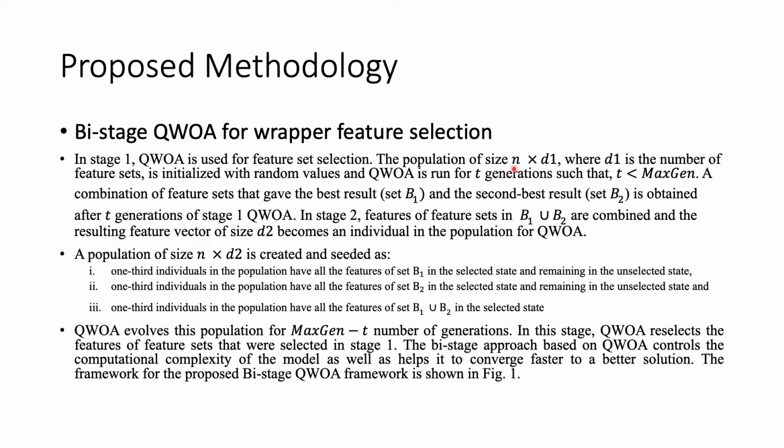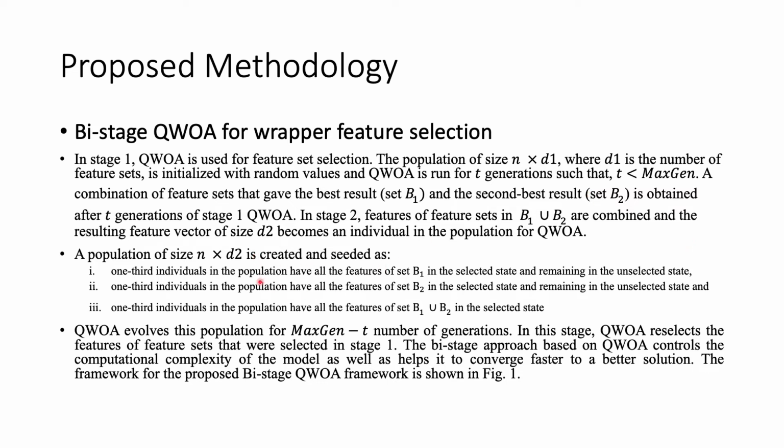A population of size n cross d1, where n is 20 and d1 is the number of feature sets, that is 19, is considered. We evolve it for t generations, where t is less than the maximum generations considered. After t generations, we obtain the feature sets that gave us the best and the second best results, and we take the union of those feature sets and pass it on to the next stage.